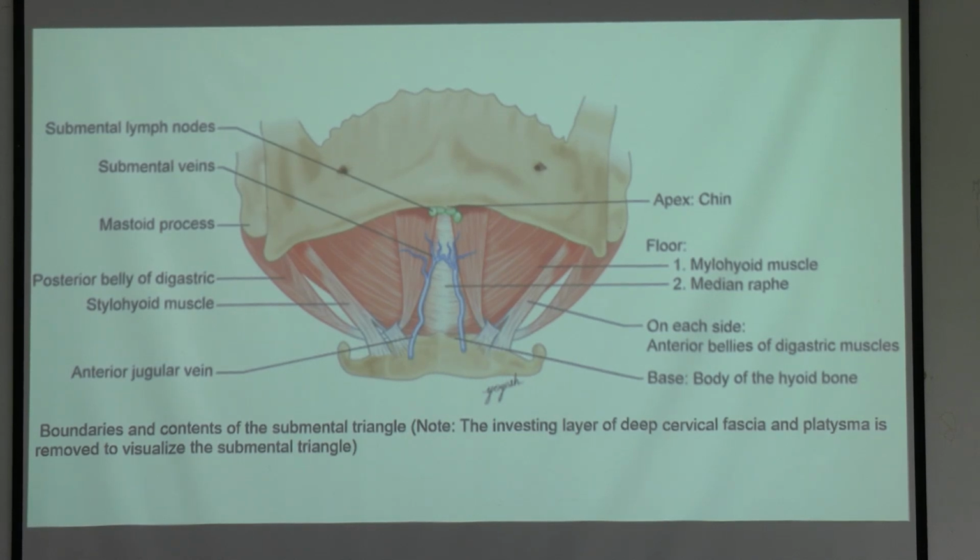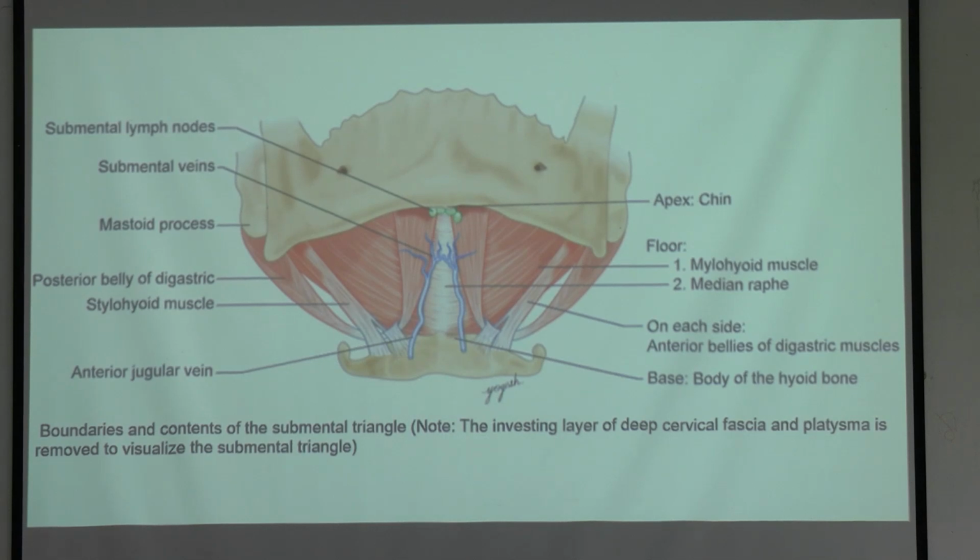The anterior belly develops from the myotome of the first branchial arch, whereas the posterior belly develops from the myotome of the second branchial arch, whose nerve supply is facial. So the anterior belly is being supplied by the mandibular nerve, more precisely the mylohyoid nerve.